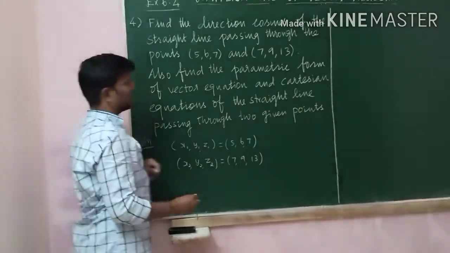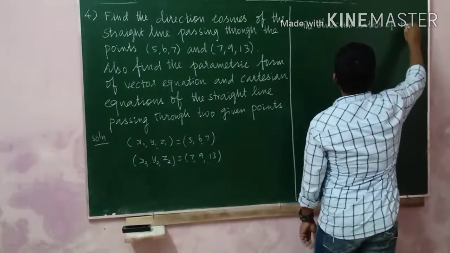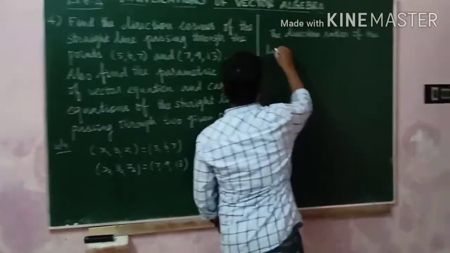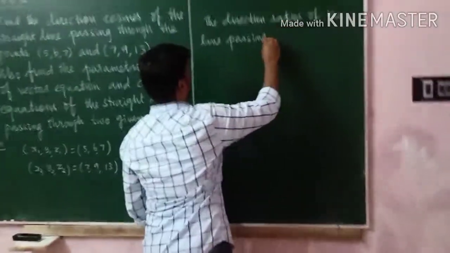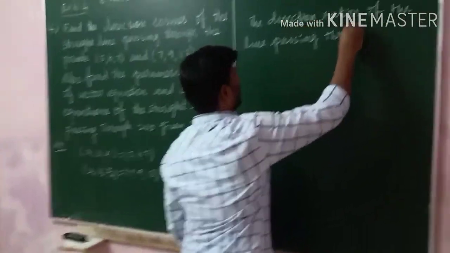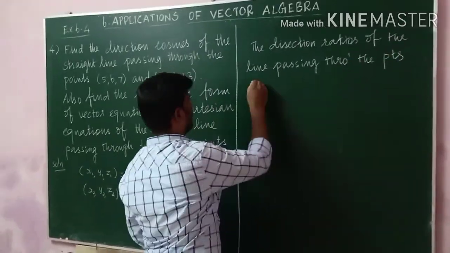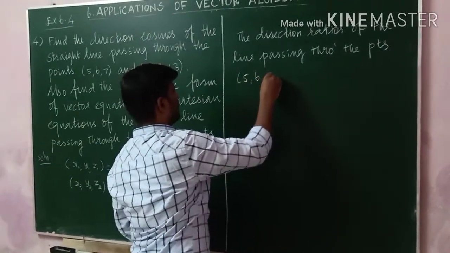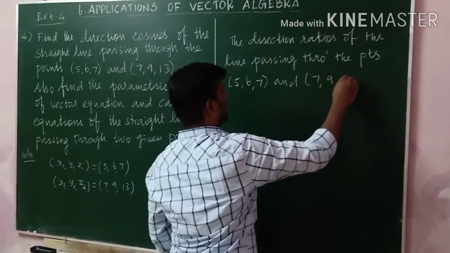So what are the direction ratios of the line passing through the points (5, 6, 7) and (7, 9, 13)?